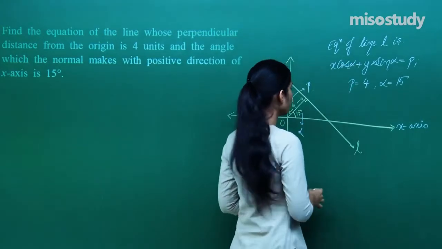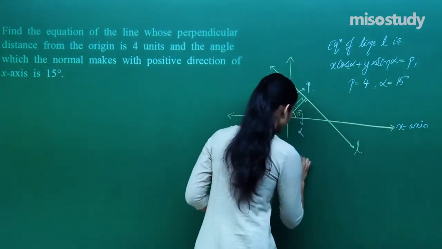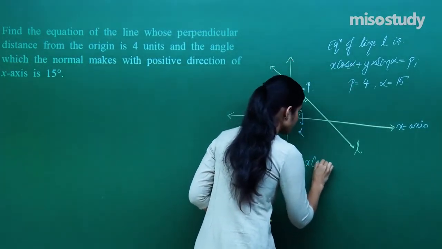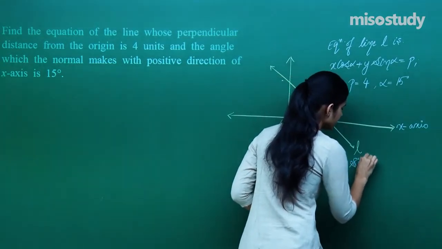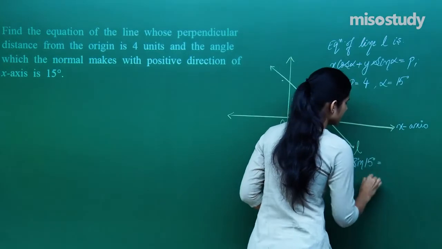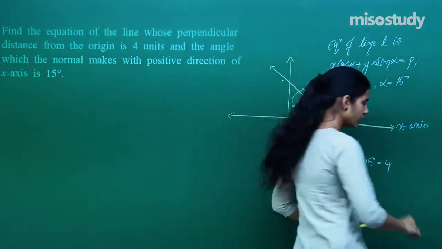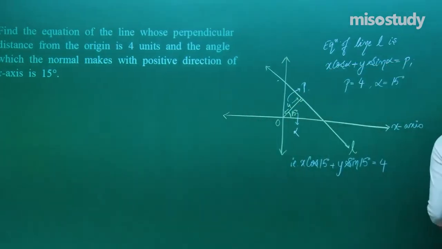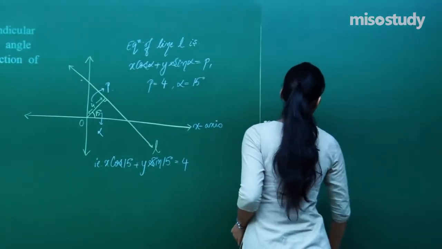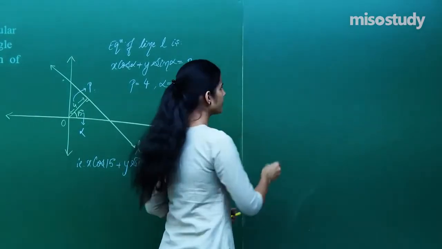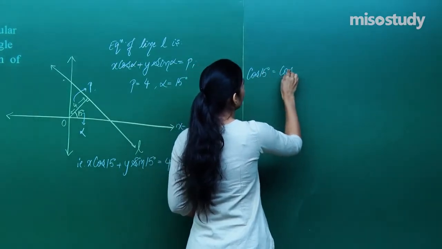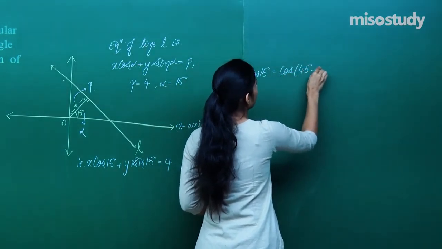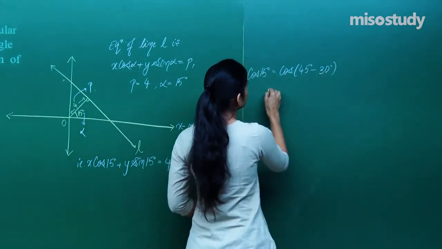So what happens to be your normal form? X cos 15 plus y sin 15 equals 4. Now what is cos 15 and sin 15? You should be very well versed with either the values or the way of computation of the values. Cos 15 can be written as cos 45 minus 30.